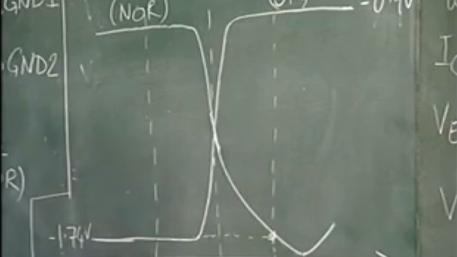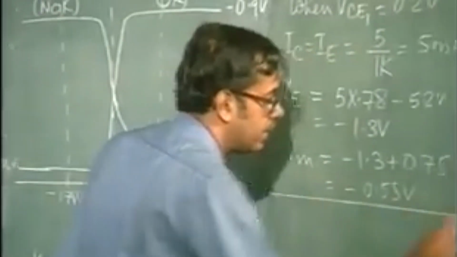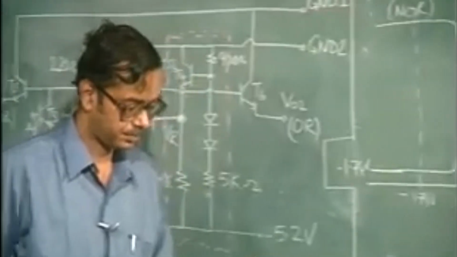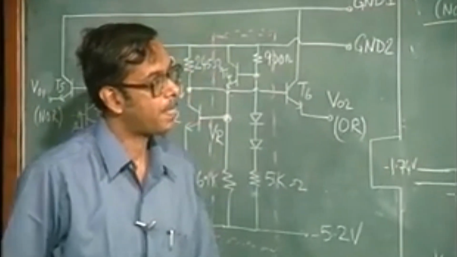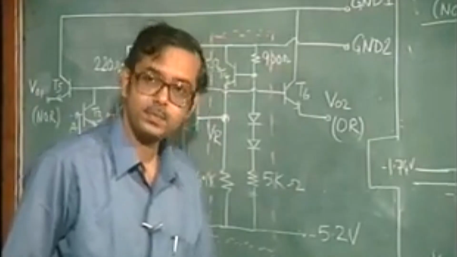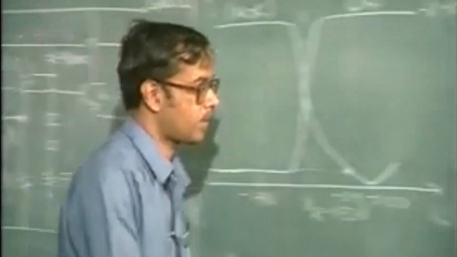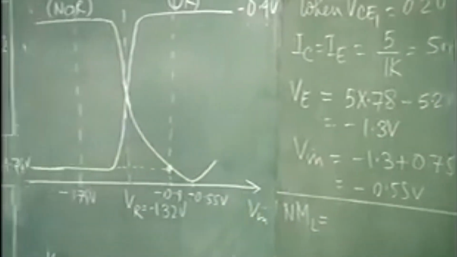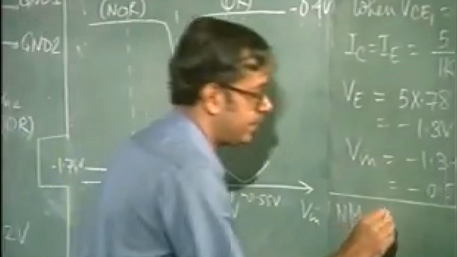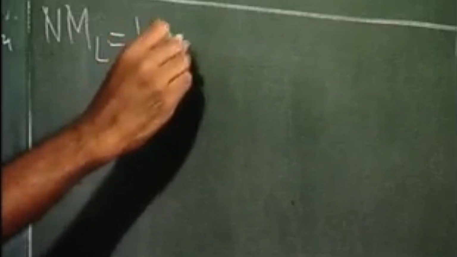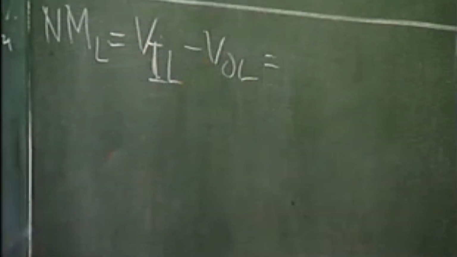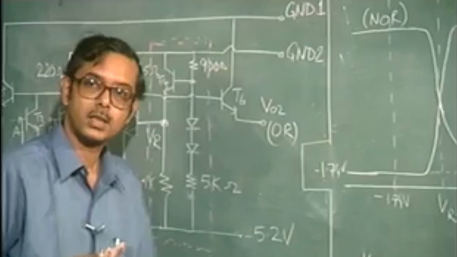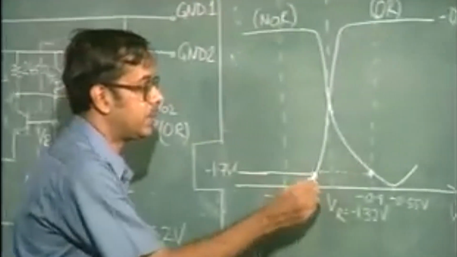The next thing, from the input output characteristics, you can calculate the noise margin. The noise margin low is VIL minus VOL. So, what is the input low in this case? It is with respect to VR.